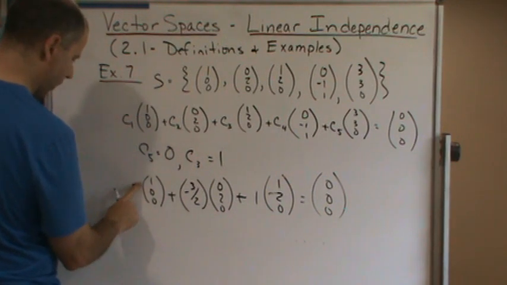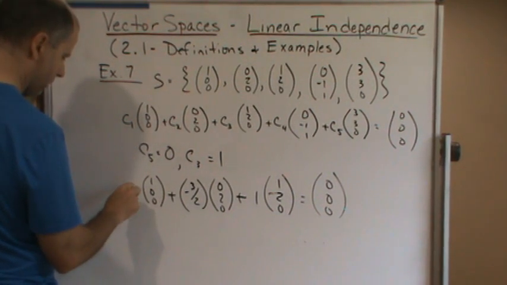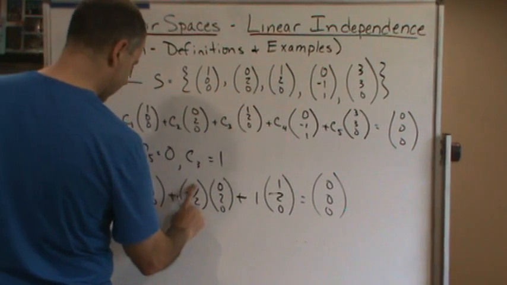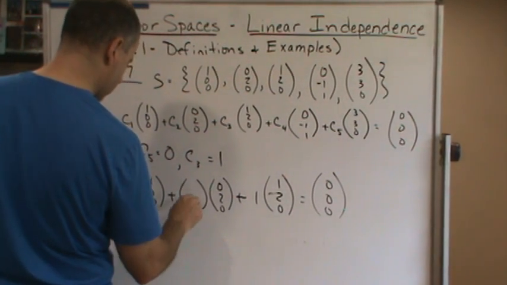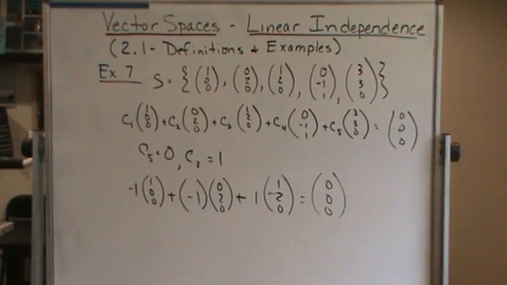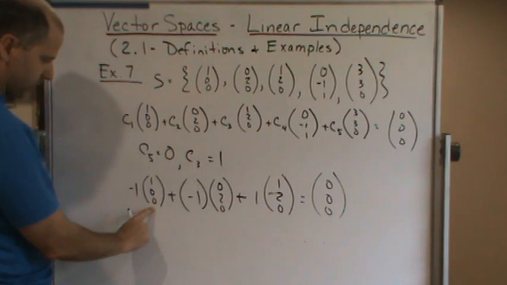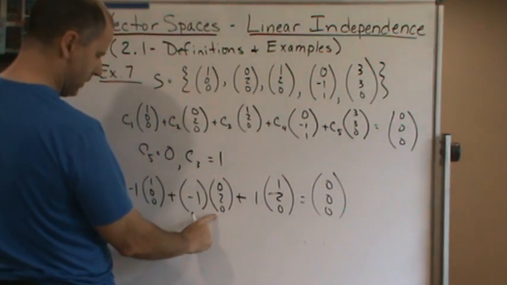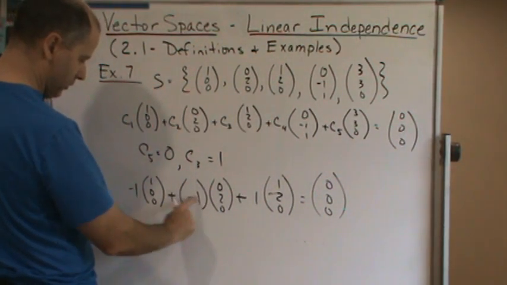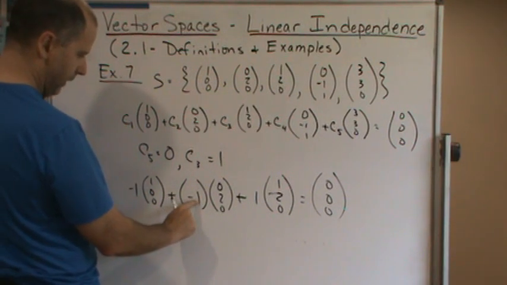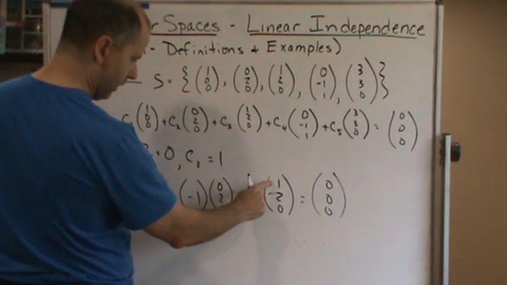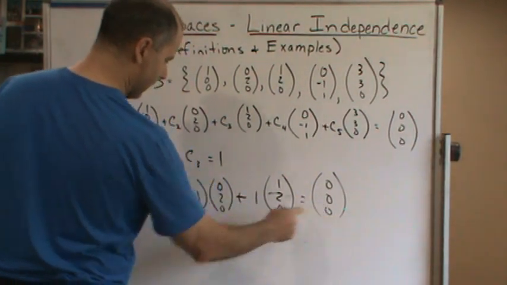So this will be negative 1, and this one, negative 1. And so with that, we get a similar thing. We get negative 1 times this plus negative 1 times this, so if we add those, we get negative 1 and negative 2, and then we add that to positive 1, positive 2, we get the same thing.